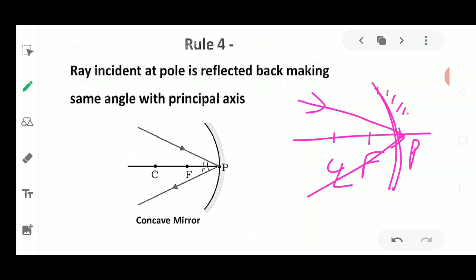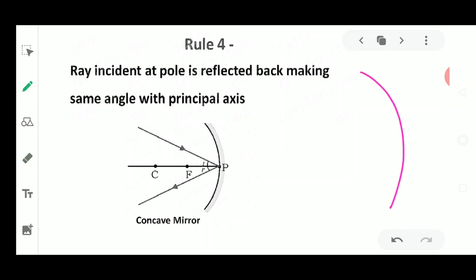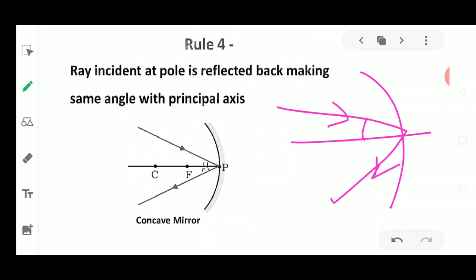So this becomes angle I and this becomes angle R. Here it is written the same thing: whenever a ray of light strikes the pole obliquely, it is always reflected obliquely from the pole, making an equal angle.